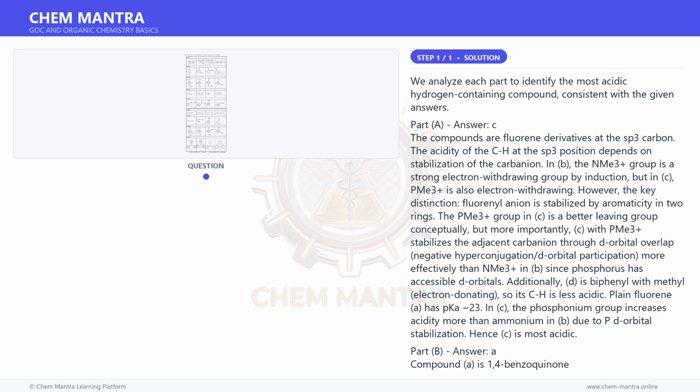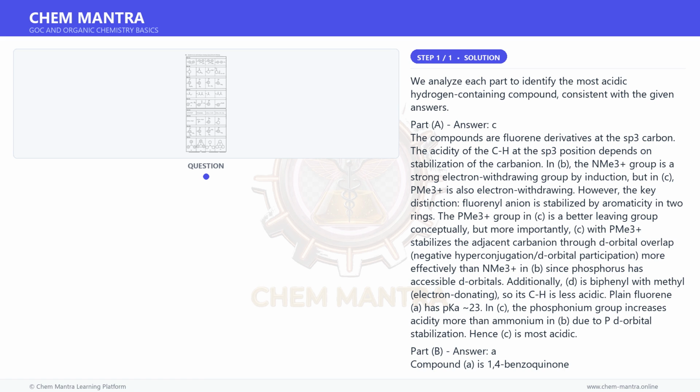D. Adamantyl cage, sp3 CH, pKa about 50 plus. Fluorene, B, is most acidic because its carbanion is stabilized by the extended aromatic system of two benzene rings fused to the cyclopentadienyl anion, giving aromatic stabilization, 14 pi electrons for the anion. pKa of fluorene about 23, much more acidic than triphenylmethane, about 31.